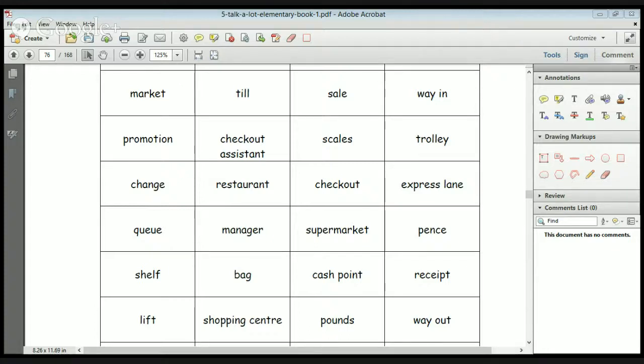So let's have a look at some more of the words and think about the stressed vowel sound. Restaurant. This word has two syllables, restaurant. Which one is stressed? Restaurant. So the first syllable is stressed. A is stressed.